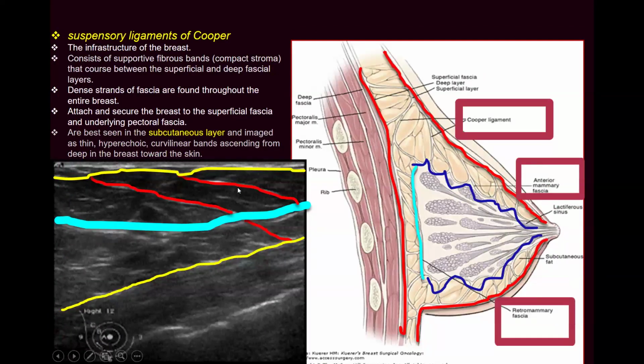So the pink ones are the Cooper ligaments, and this is the superficial layer of superficial fascia and the deep layer of superficial fascia. The anterior ones are attached to the anterior layer of superficial fascia, and those attached to the posterior layer. And this is the residual fibrous parenchyma or fibroglandular parenchyma. Okay?